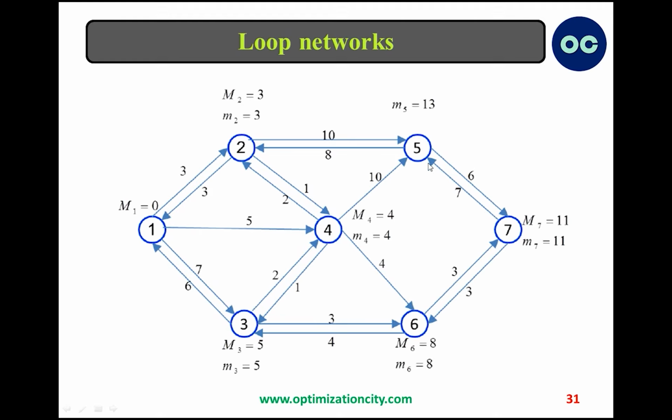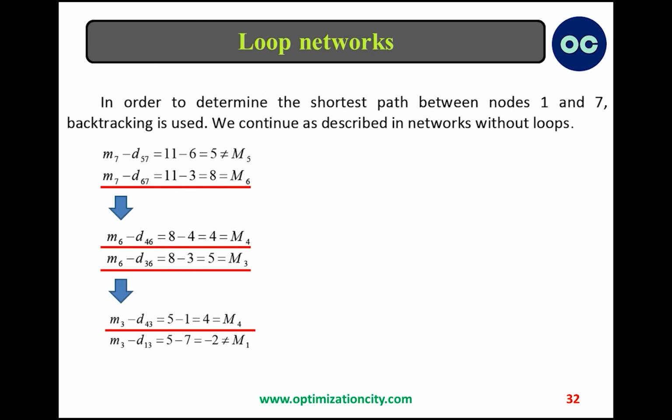Here we can see that there is no permanent code for node 5. To find the shortest path between node 1 and 7, we can use the backtracking method. We follow a similar approach to the network without loops in the earlier slide.